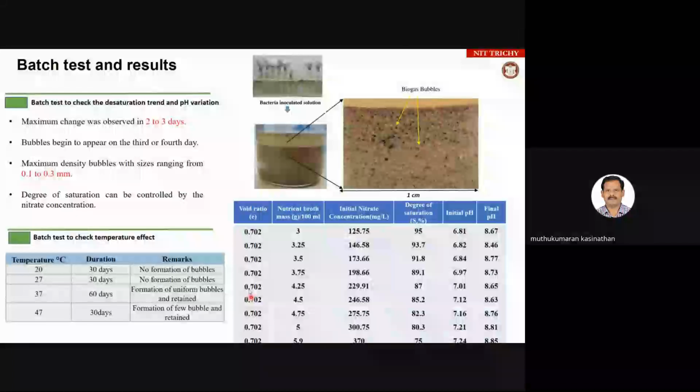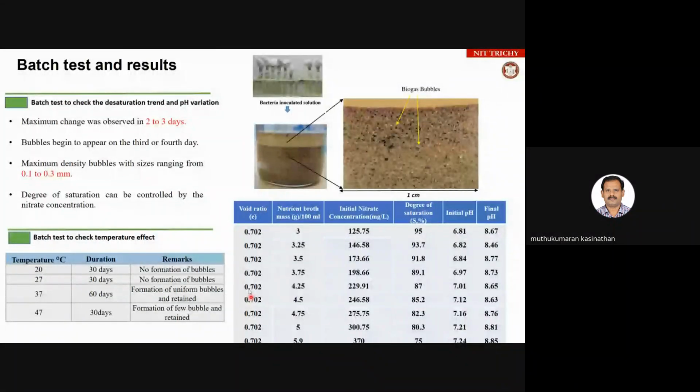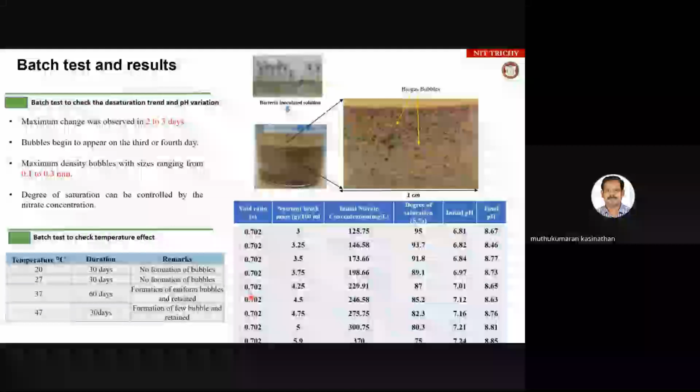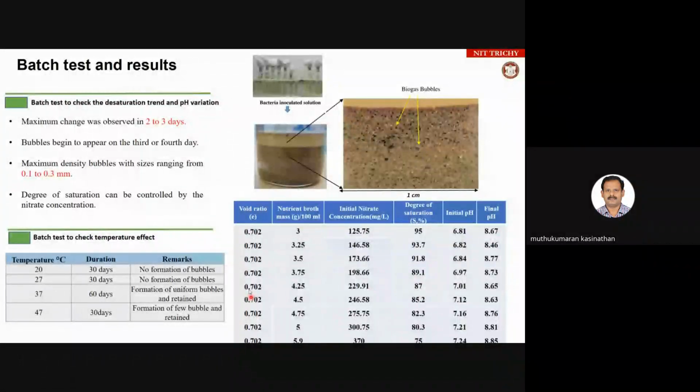And you can see here, basically we are trying to make the amount of initial nitrate concentration with respect to the species that we have considered. The water is replaced in the soil, and the corresponding degree of saturation is what we determine theoretically.